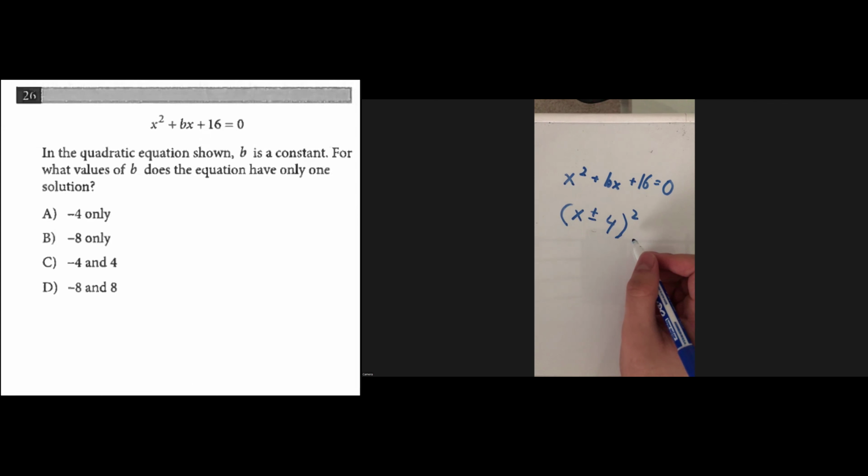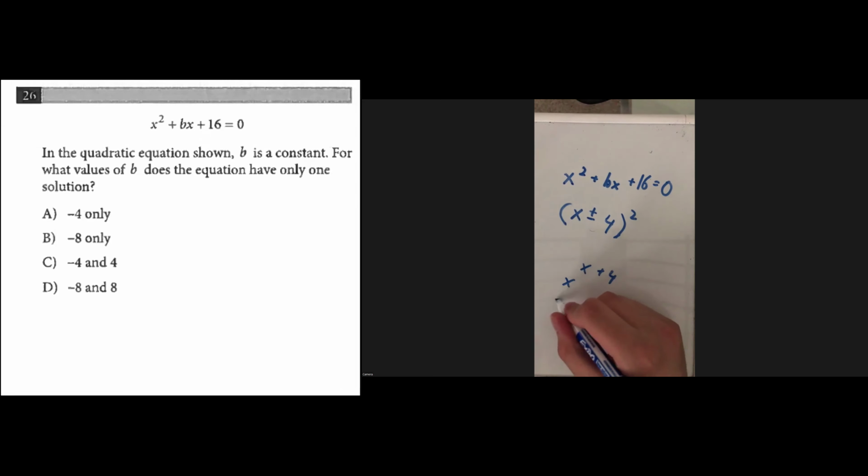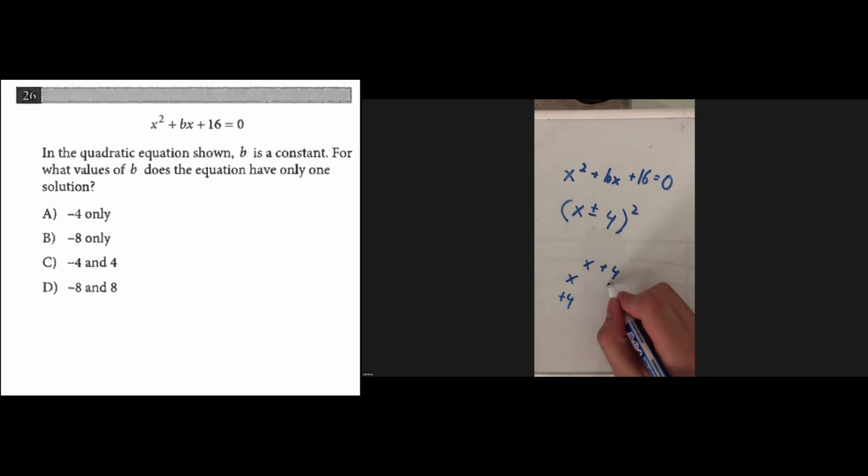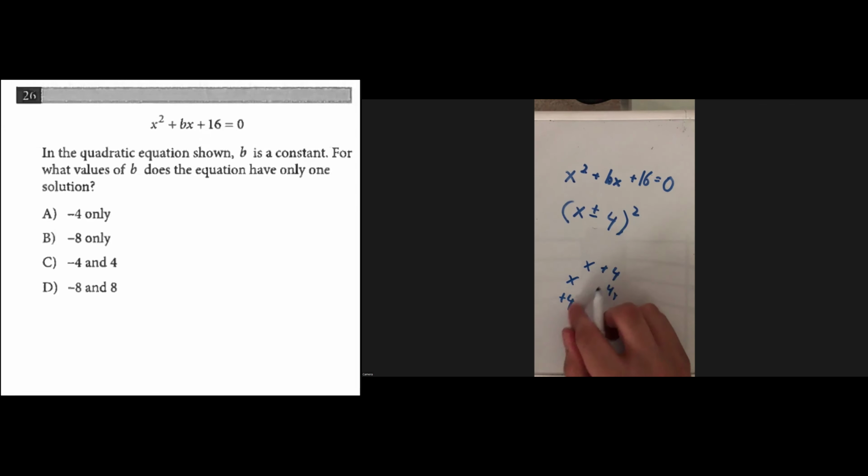And it says what values of b does the equation have only one solution? Well, b would just be x plus 4 times x plus 4, which would be 4x plus 4x, which is 8x.